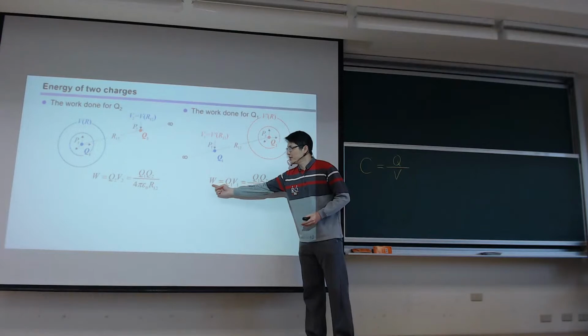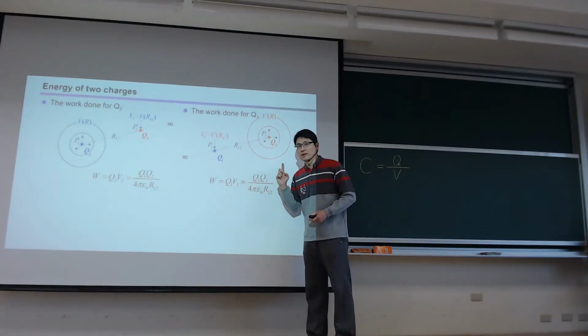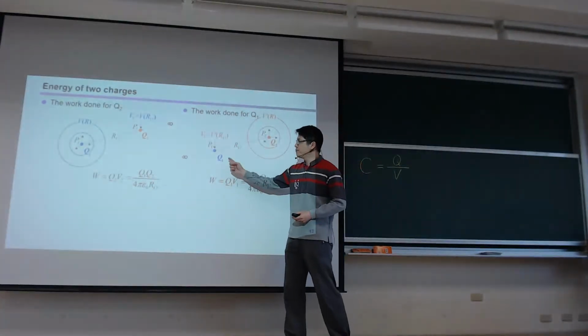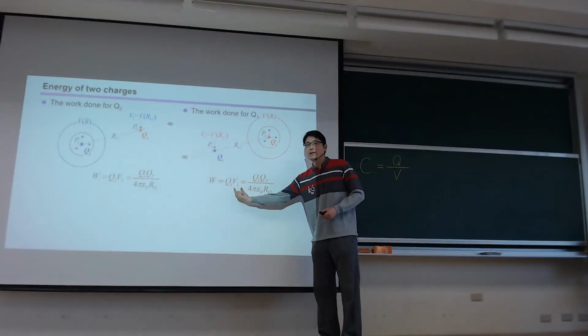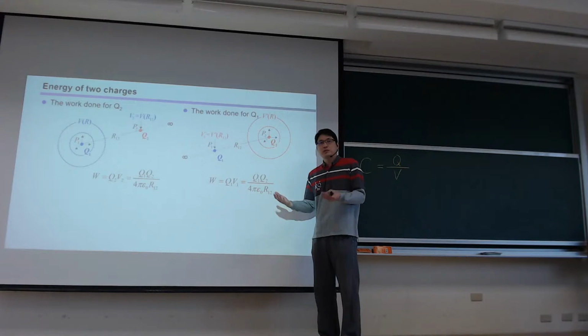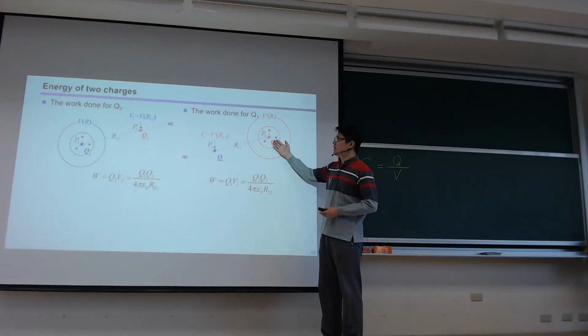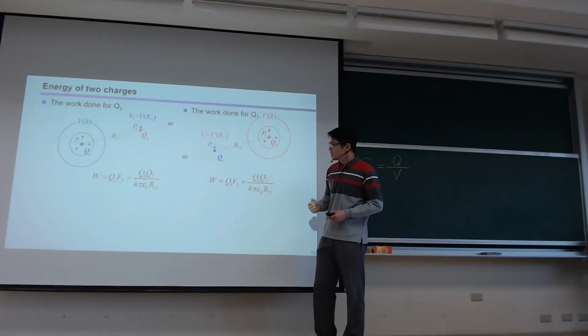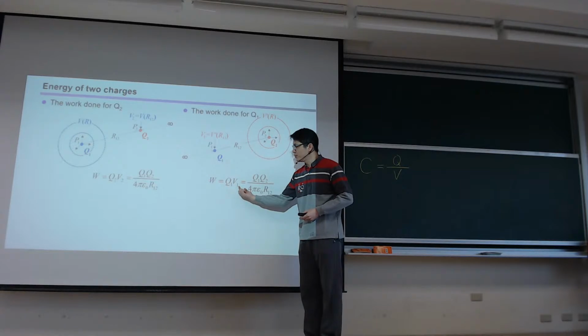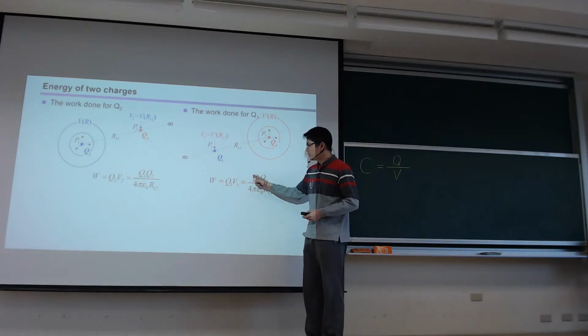Therefore, the energy is Q1V1, right? Q1 being the charge of particle 1, and V1 is, I'm trying to work against the field generated by particle 2. Okay? So together, Q1 times V1 is this amount.